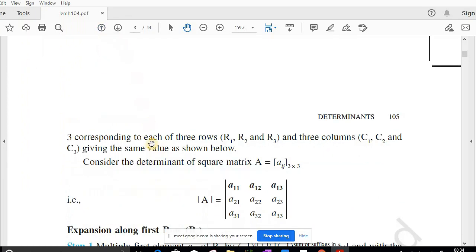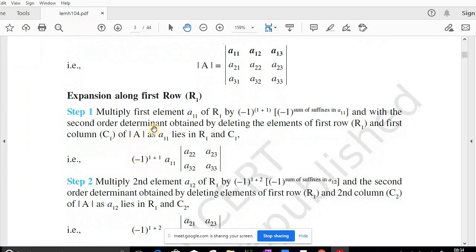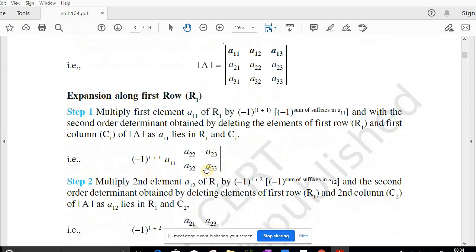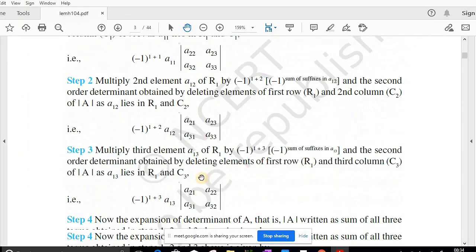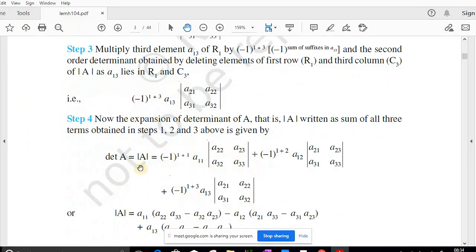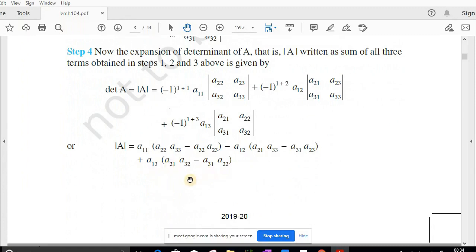Okay, so here is the thing. Expanding along row 1, what I have done is minus 1 to the power 1 plus 1, a11 times its minor. The total determinant will be this. Okay, this is what we have done.